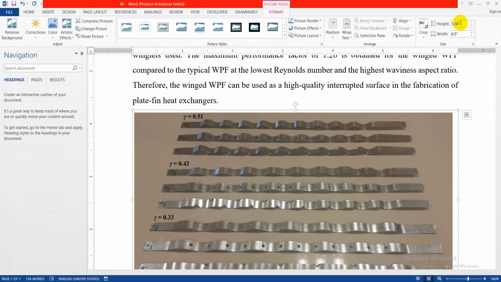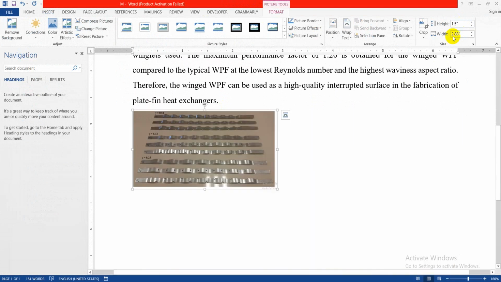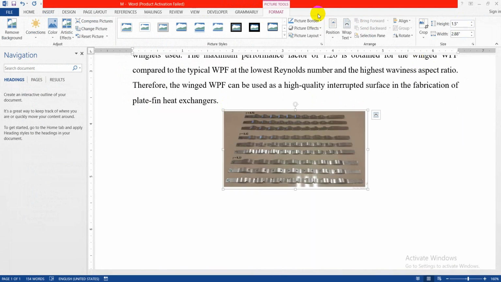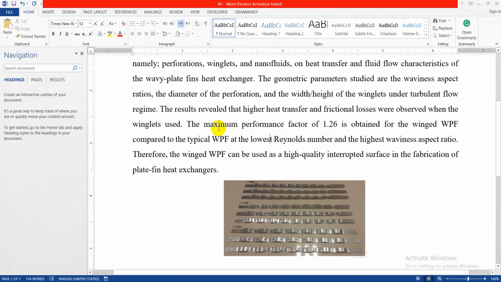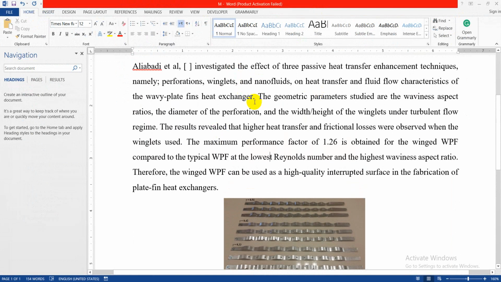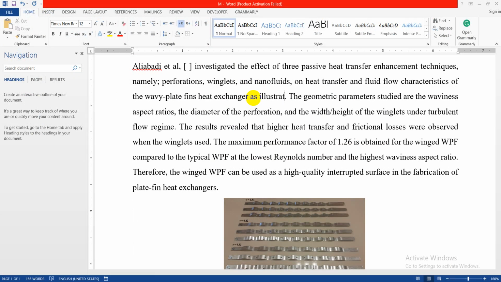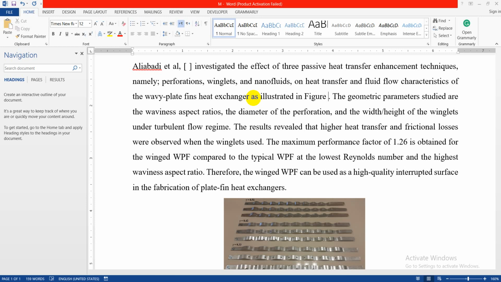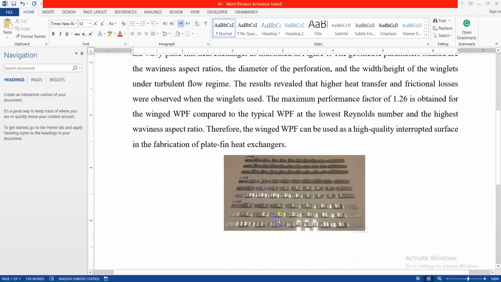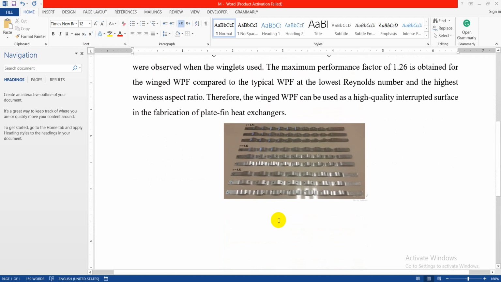Maybe 1.5 is enough, and put the caption for this figure, right? Just as you can say here, as illustrated in figure 1, for example, right? And this will be the figure 1, depends on the sequence in your article.